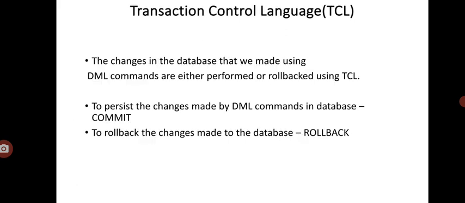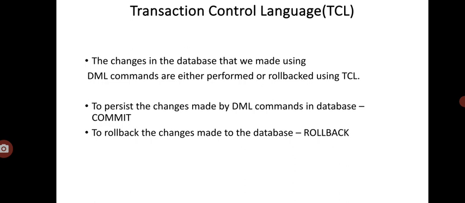We come to the final language, that is transaction control language. The changes in the database that we made using the DML commands are either performed or rolled back using the TCL, transaction control language. To persist the changes made by the DML commands in the database, commit is used. The commit command is used to save whatever we have done. And the rollback command is used to undo changes made to the database.